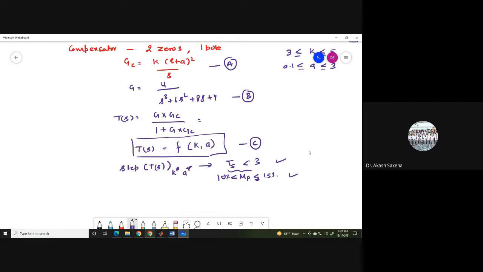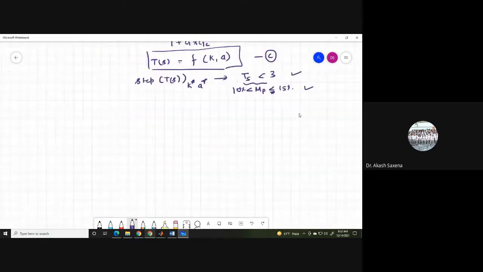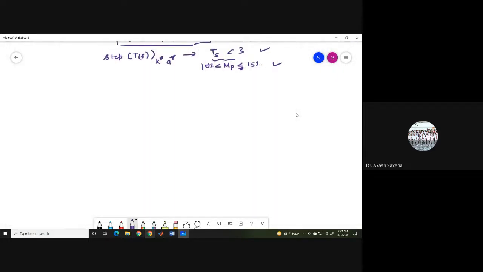For this, we need to do the algorithm in steps. So what are the basic steps for calculating it? Step one is to define the time parameter, that is, for how much time you will be observing the step response.